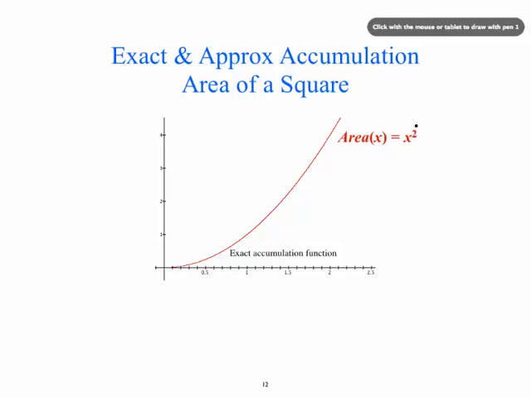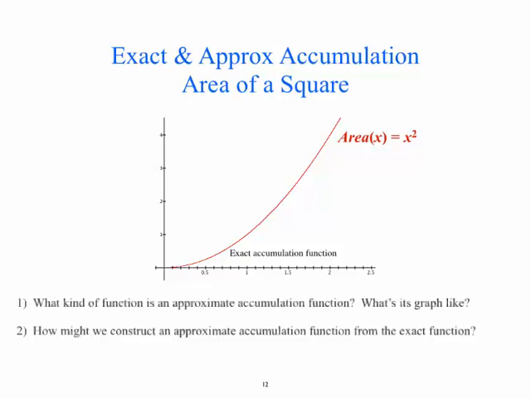All right. So the question is then, we got exact accumulation. What's going to be the first step on our journey from exact accumulation? On the reverse journey. Approximate accumulation. Okay, so I want you to take a minute and think to yourself, what kind of function is an approximate accumulation function?